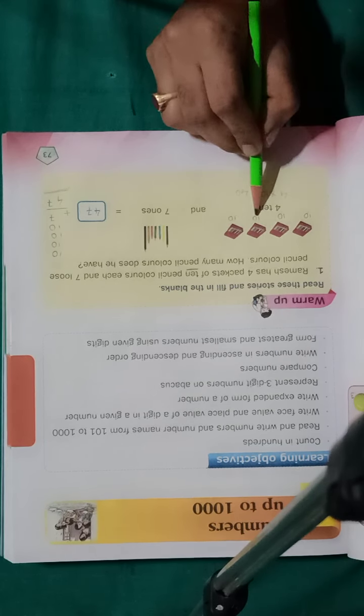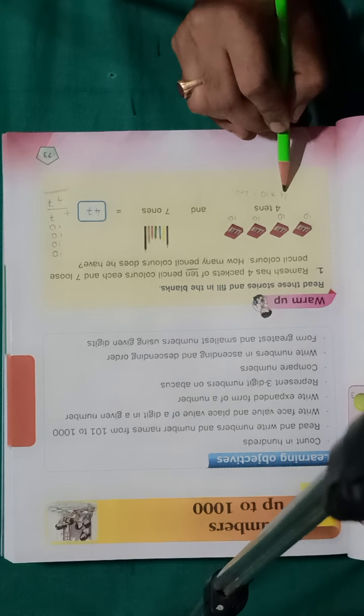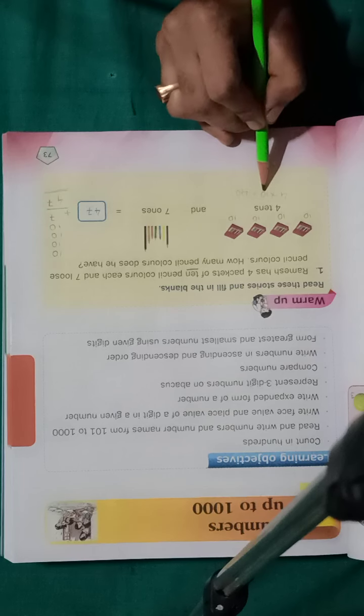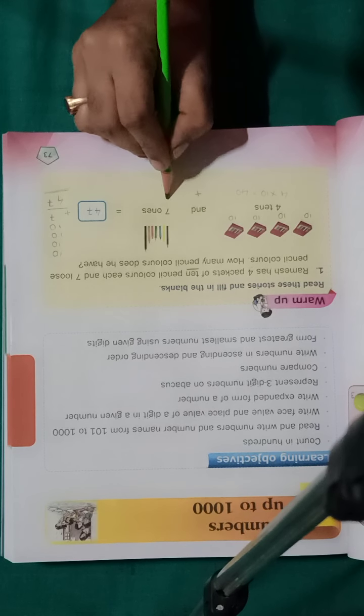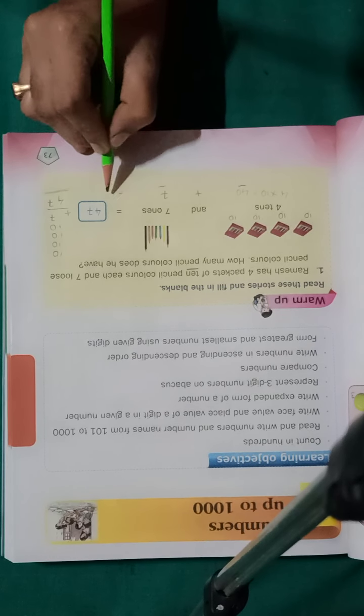And 7. That means 40 plus 7 is equal to 47 is the answer. Understand now?